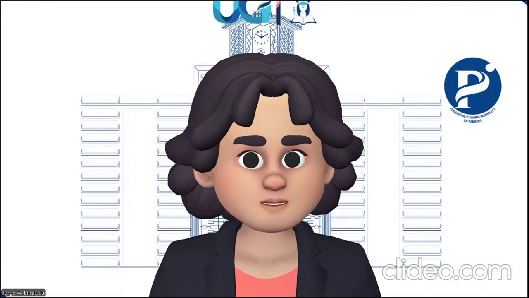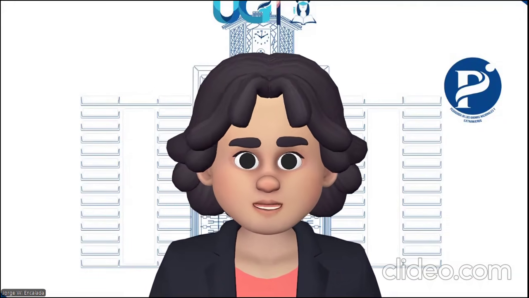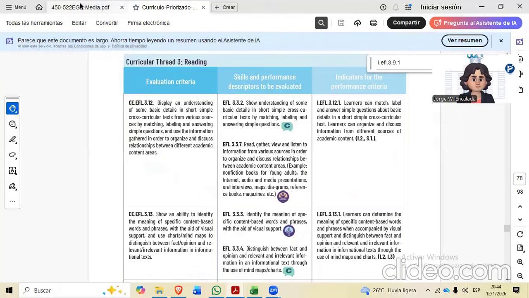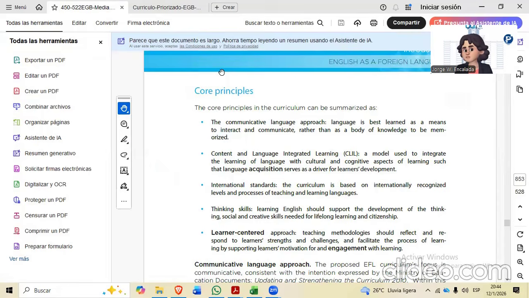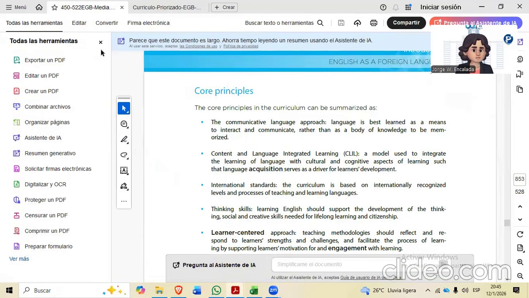Well, in order to begin, I am going to go with the basics. In the first partial, we'll learn which are the core principles of the Ecuadorian curriculum. Just to mention them, I know that you are already familiar with this topic.